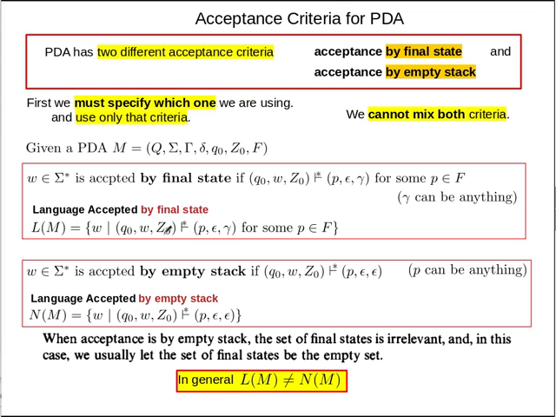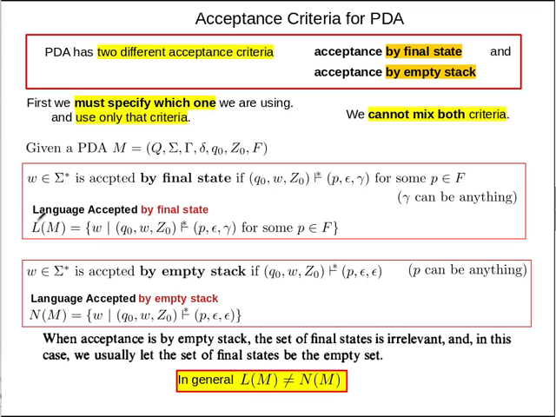And final state was, I'm starting from this initial configuration with this input W. If you can reach an ID where the state belongs to this set of final states, then you accept this string. So all the strings that you accept through this criteria together constitute this language L of M.